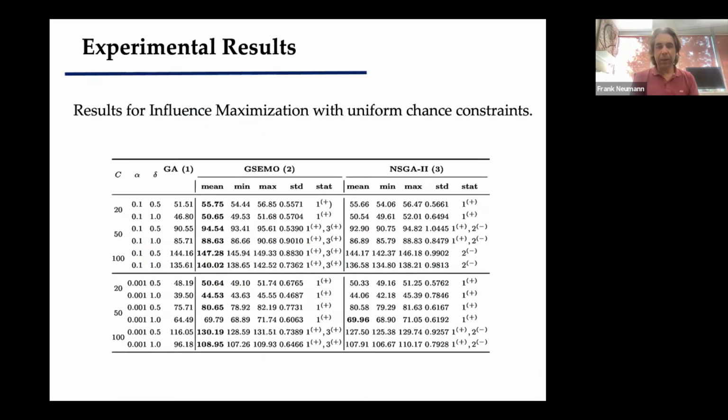All right, so I think what remains to be said is that we did some experiments with that, which essentially show that the greedy algorithm is again outperformed by global Zemo. But surprisingly, global Zemo is often also better than NSGA2, and especially when the constraint values become larger.